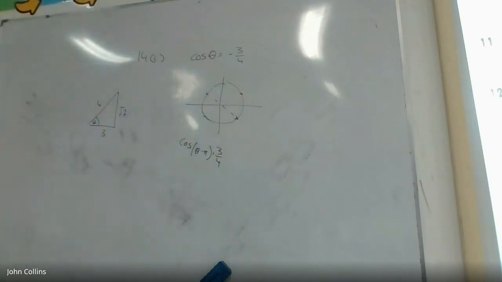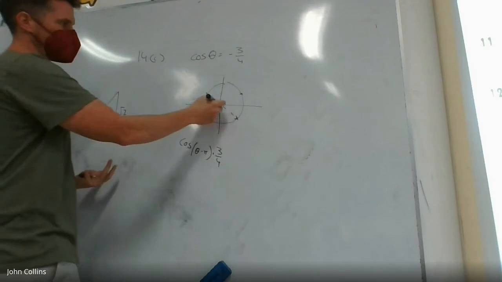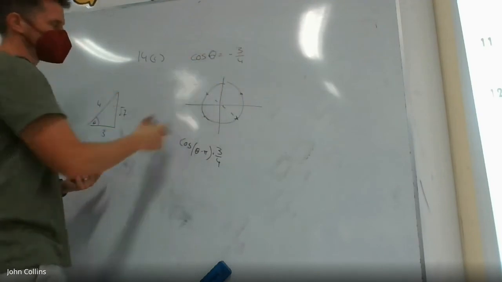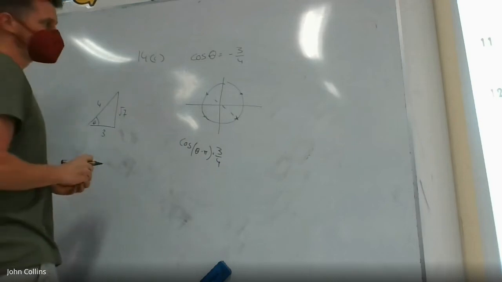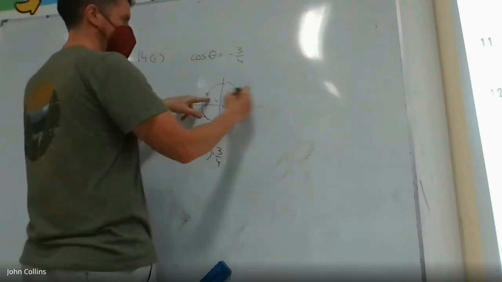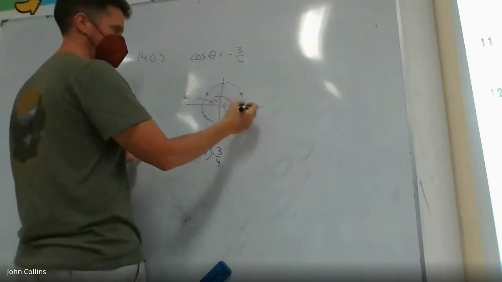Makes sense? Think of an angle. Maybe not this one because that's not a known one. Let's use the 45-degree angle we had before, or even 60. Let's use 60 degrees. So let's say that was 60 degrees, and therefore that is 120 degrees.